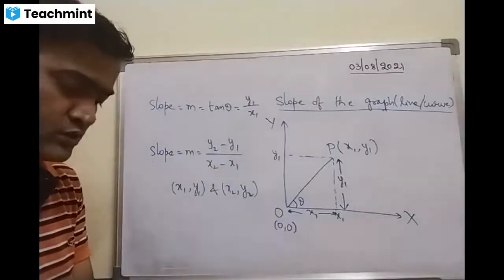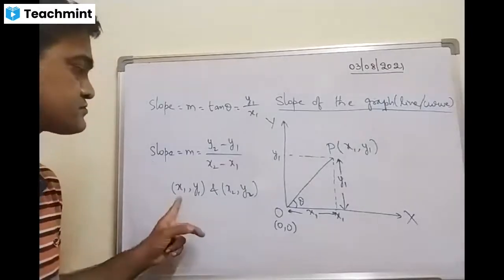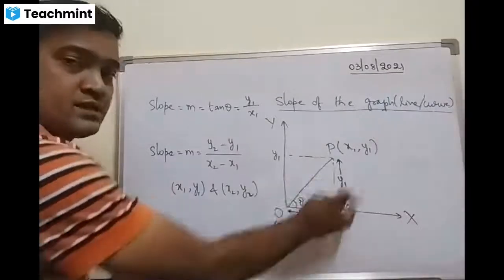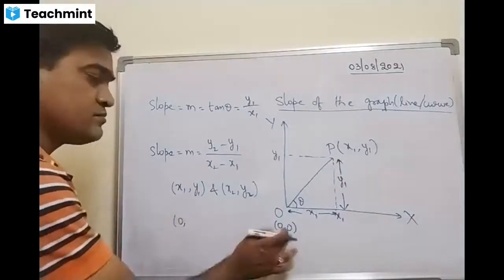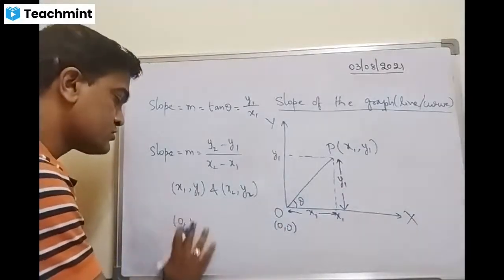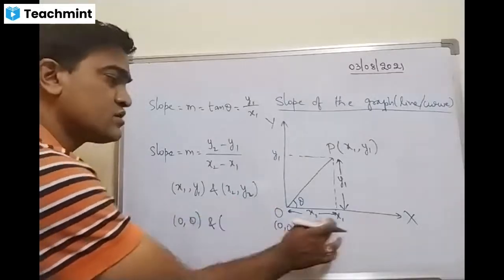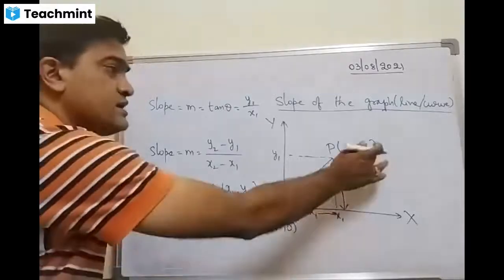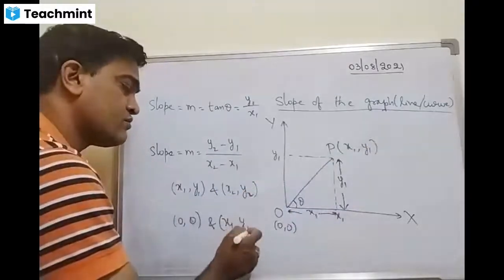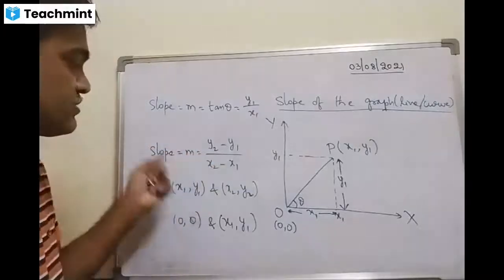But here, in place of x1 in this diagram you have 0, in place of y1 you have 0, in place of x2 you have x1, and in place of y2 you have y1. Now how to find slope using this formula?